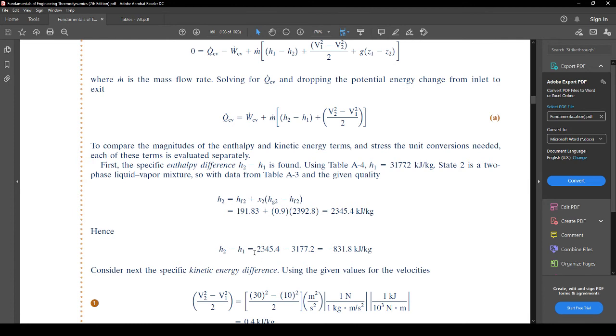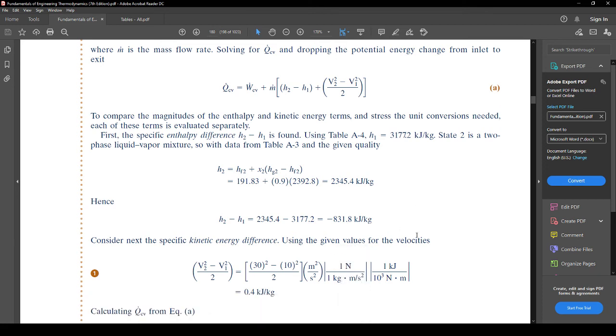Then they did the quantity H2 minus H1, which is negative 831.8, right? And then V2 squared minus V1 squared over 2 is 0.4 kilojoules per kilogram. So right here, guys, you can see that the kinetic energy tends to not be very significant.